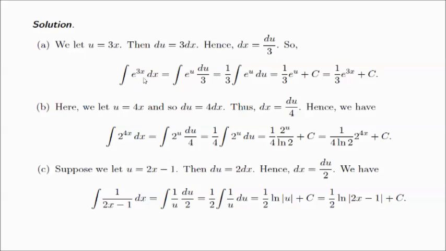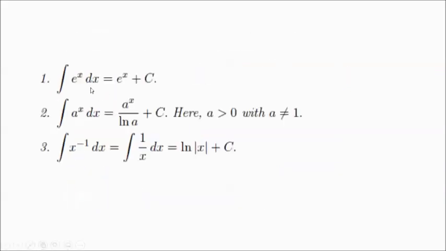Okay? And then tsaka mo siya isub. E raised to u and then du over 3. Di ba? So ibig sabihin nasa ayos na siya nito. So kailangan muna siyang isub para maging ganito yung ayos. Di ba? So you cannot use directly.